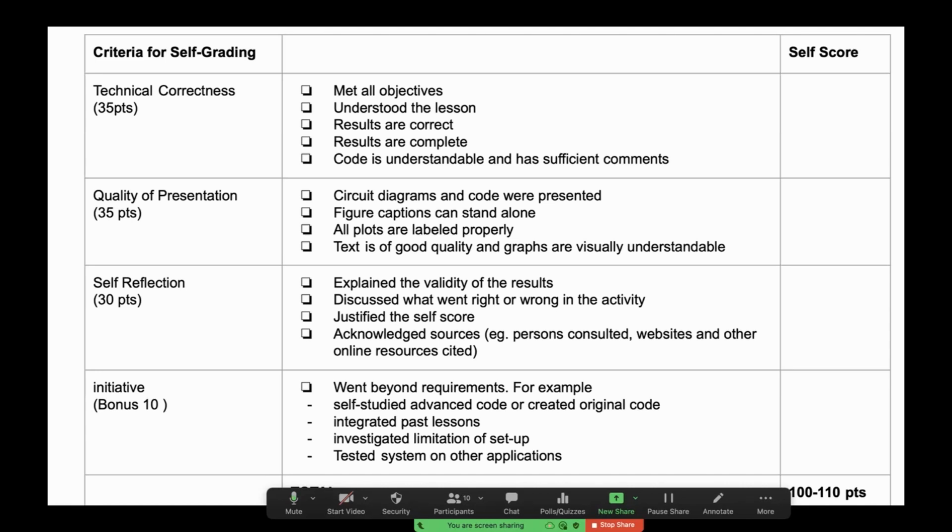And you investigated the limitation of a setup, or tested the system on other applications? So this is how you would grade yourself. You check this, and then give yourself a score. You can have either a score of 100 up to 110. Okay? May tanong ba dito sa self-grading? This is part of your report.